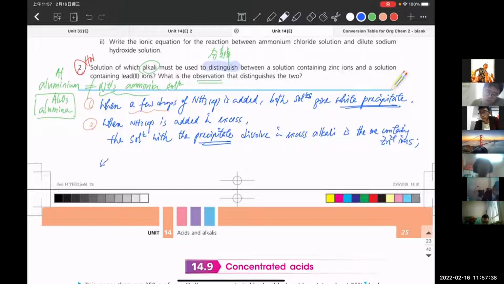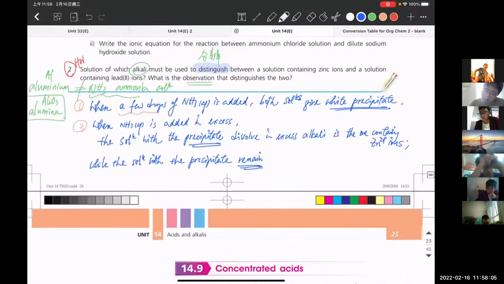While for the other observation, the solution with the PPT remains. This means the PPT will not be dissolved, it remains undissolved. If you want a clearer explanation, you write down undissolved.